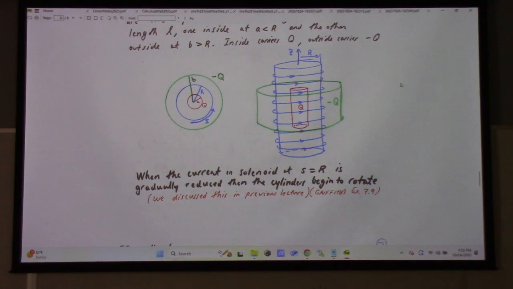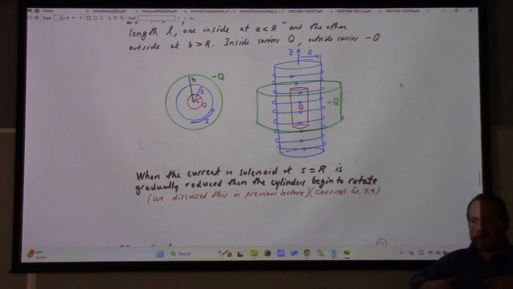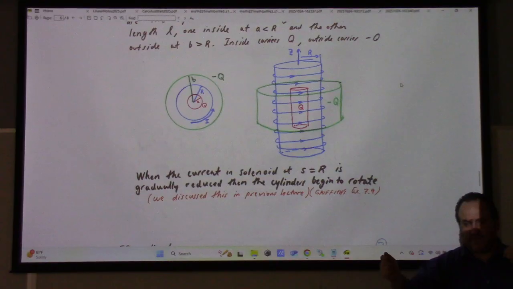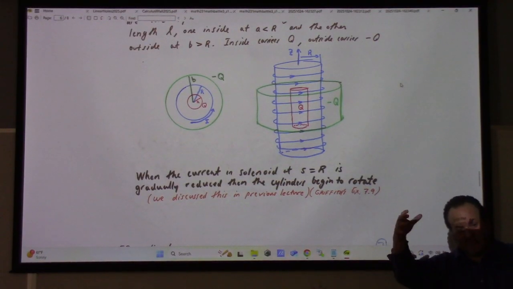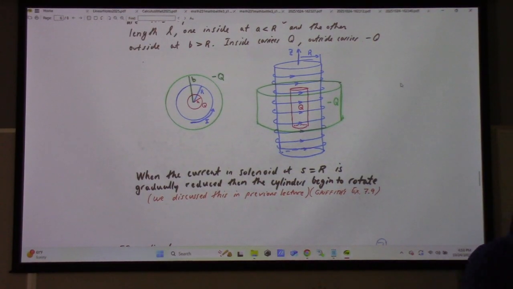Now, we talked about this another day. This is essentially a concatenation of a magnetic field going up through a disk, with a ring of charge around it. If the magnetic field decreased, then the ring of charge would start spinning, right? But this is just that repeated. It's not one ring of charge, it's a whole stack of rings of charge, but it's the same idea.